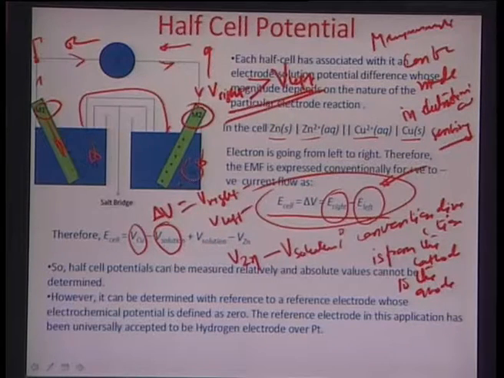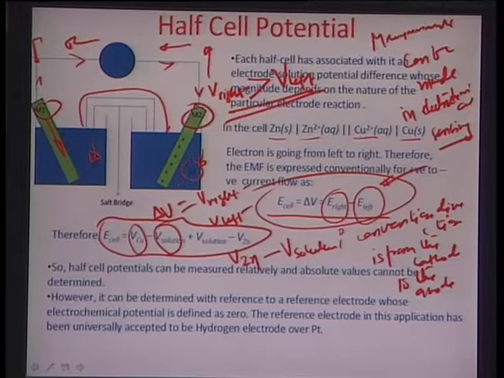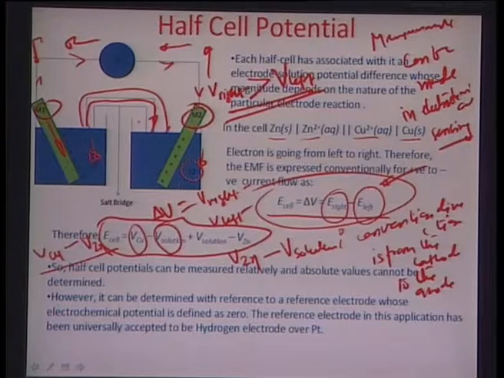Therefore, the total overall EMF of this particular cell can essentially be represented as the right V copper of the electrode minus the left V zinc of the electrode. So, the solutions really do not play much of a role, more so because there is a salt bridge which keeps on interconnecting and making the solution electrically neutral at all points of time.